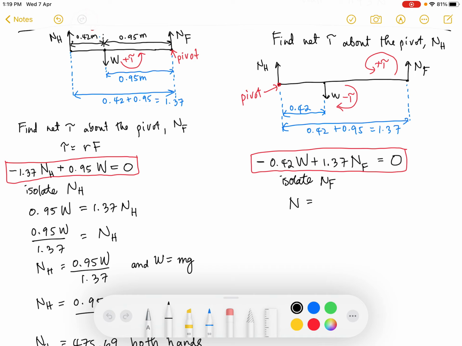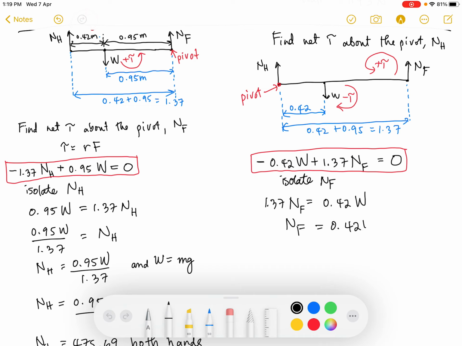We have 1.37 NF is equal to 0.42 W. Dividing both sides by 1.37, we have NF equal to 0.42 W divided by 1.37.